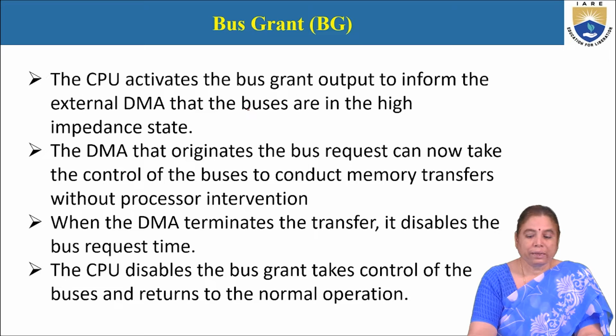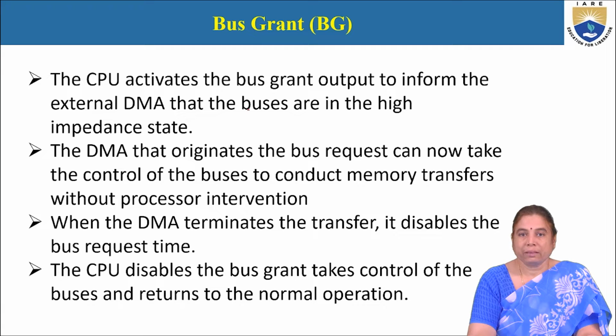When the DMA terminates the transfer, it disables the bus request. So the bus request is disabled to indicate to the CPU that the input-output data transfer has been completed with the help of the DMA controller.